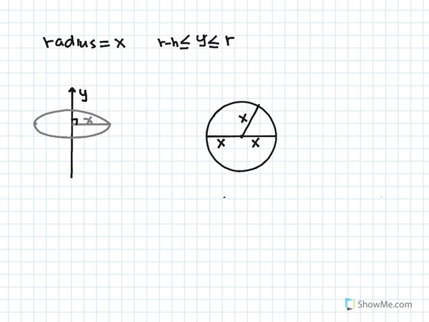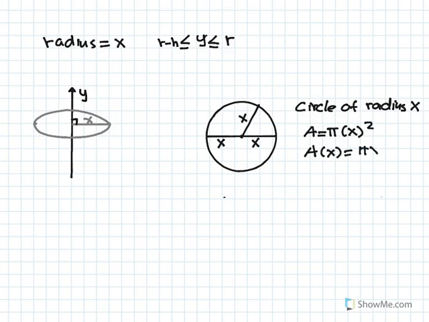The area of the slice at height y is a circle of radius x. And we know the area of a circle: the area is pi times radius squared. The radius is x, so pi x squared. This is area as a function of x. But we need it, of course, to be a function of y.